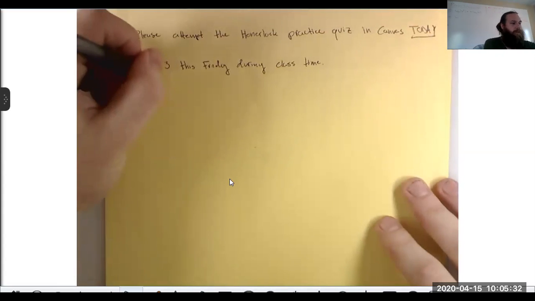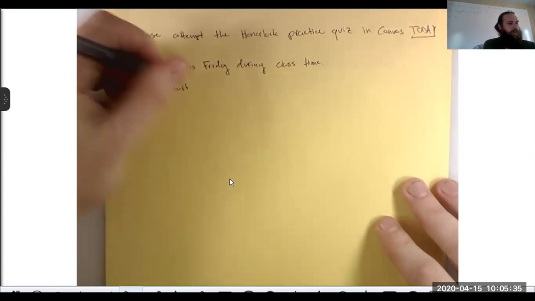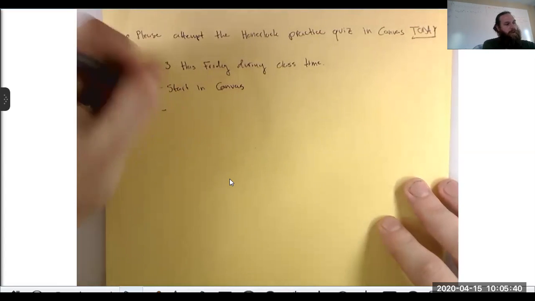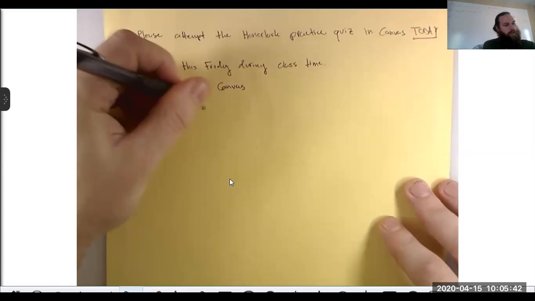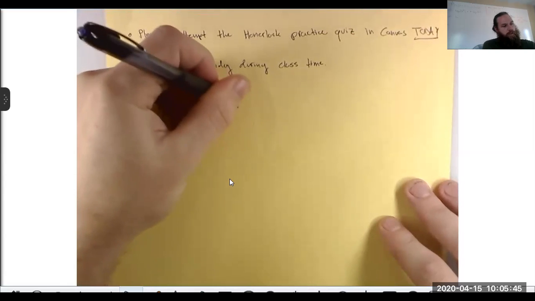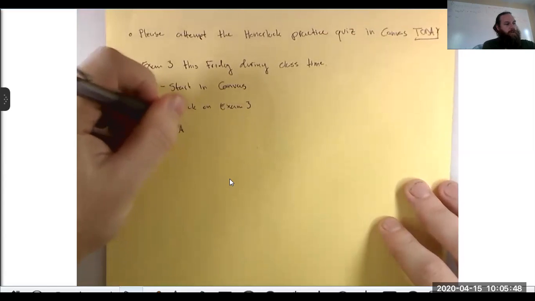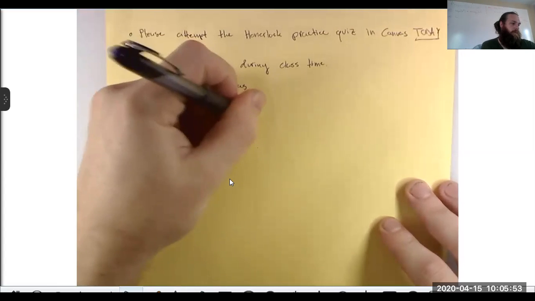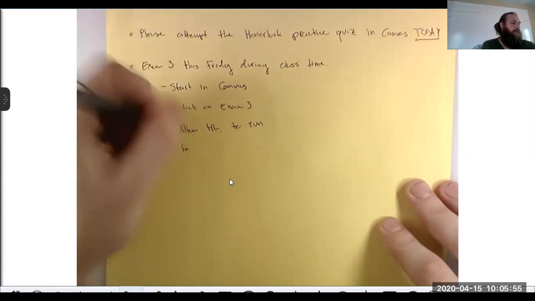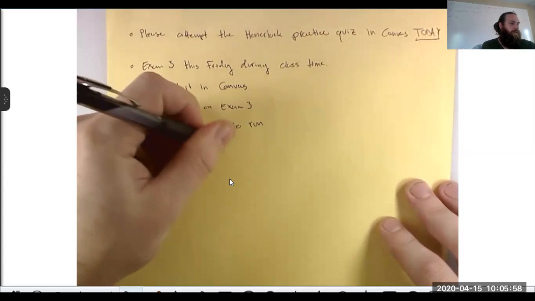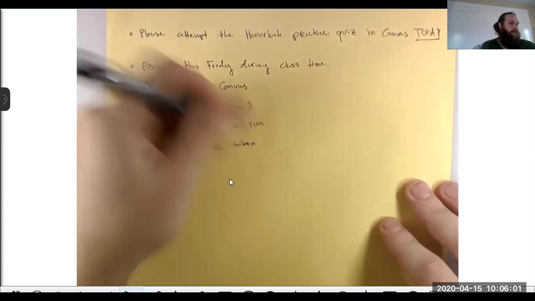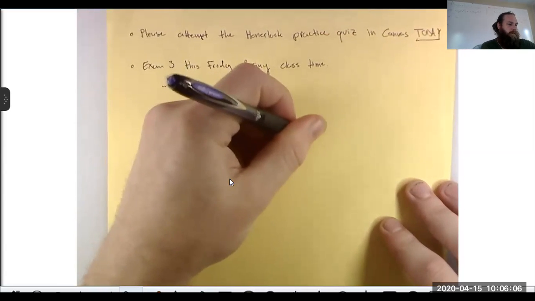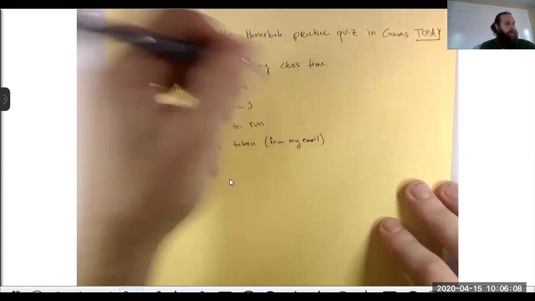Okay. So you're going to start in Canvas. Click on the test. Allow Honorlock to run. Input your token, which will come from my email, when prompted.